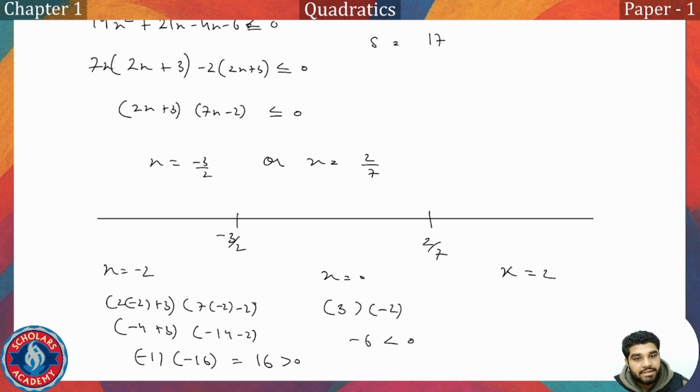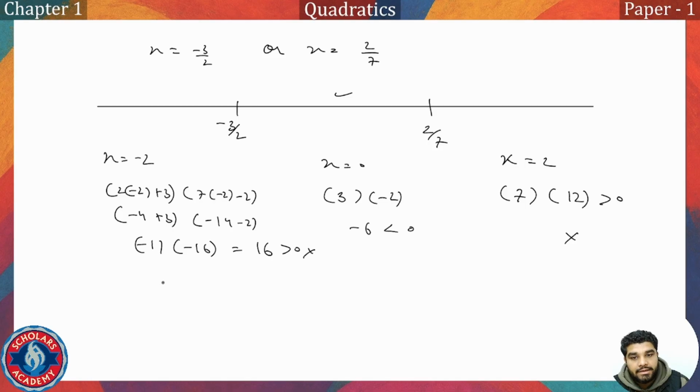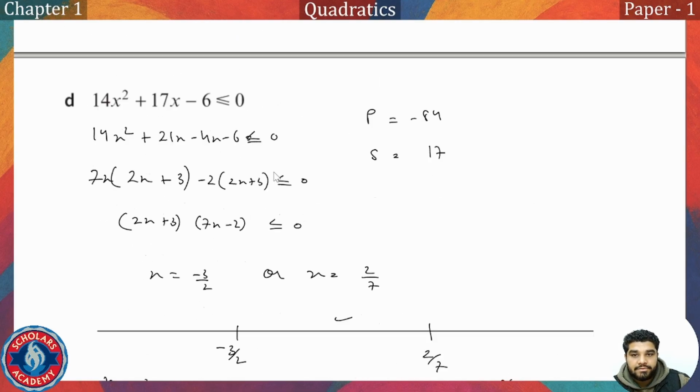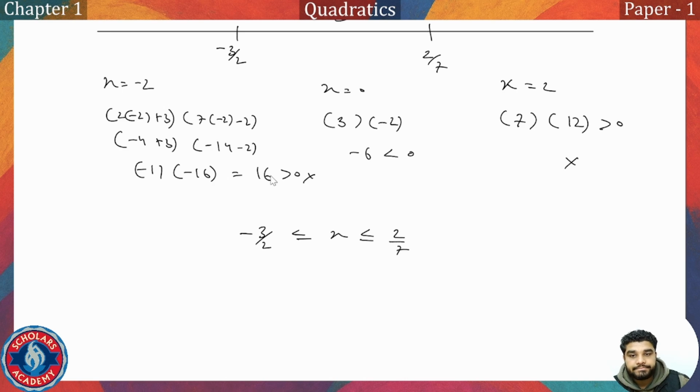If I substitute it, I get 4 plus 3, that is 7, and 14 minus 2 is 12, and this is actually greater than 0. So we'll also not take this. So the only interval that we are taking is when negative 3 by 2 is less than or equal to x is less than or equal to 2 by 7. Alright, so this is the interval that we'll choose for this quadratic inequality.